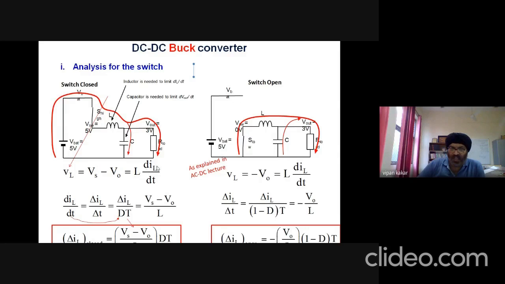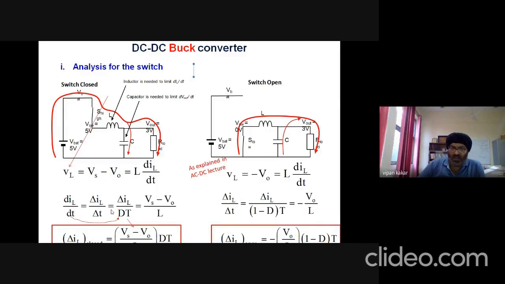So rearranging this, diL by dt we can represent in small deltas: a very small change in inductor current with respect to a very small change in time.